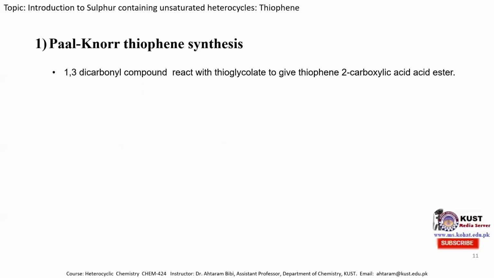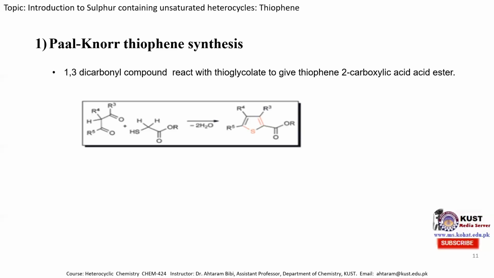Besides the Paal-Knorr synthesis, there is another example reported for thiophene synthesis: thiophene can be synthesized from a 1,3-dicarbonyl compound when it is reacted with thioglycolate, and it produces a thiophene-2-carboxylic acid ester. This is the 1,3-dicarbonyl compound.